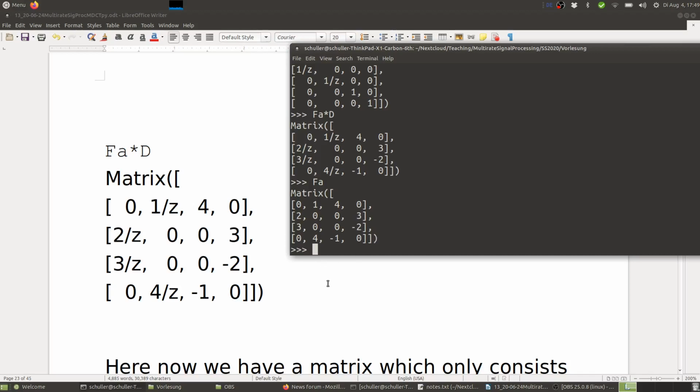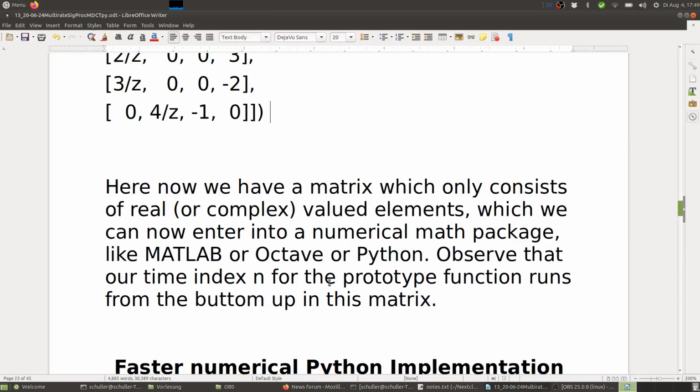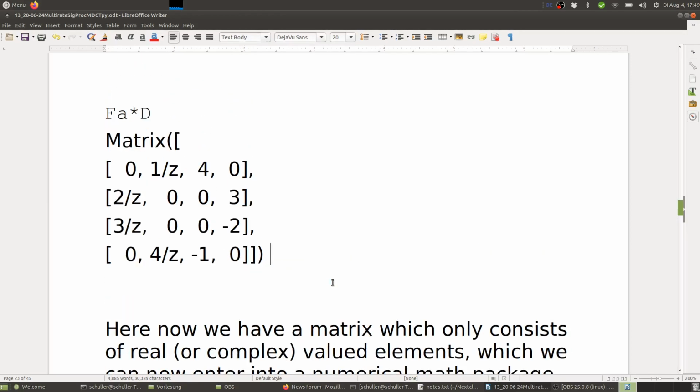So another important step for the solution. Now we have a matrix which only consists of real or complex valued elements, which we can now enter into a numerical math package like MATLAB or Octave or Python. Observe that our time index n for the prototype function runs from the bottom up in this matrix, as usual. It goes up here and goes up here.